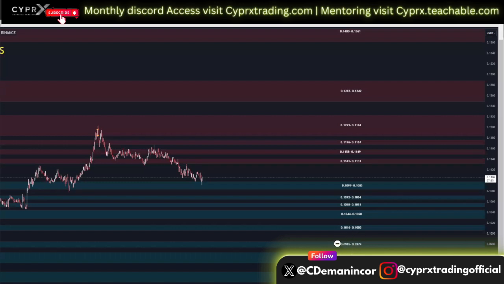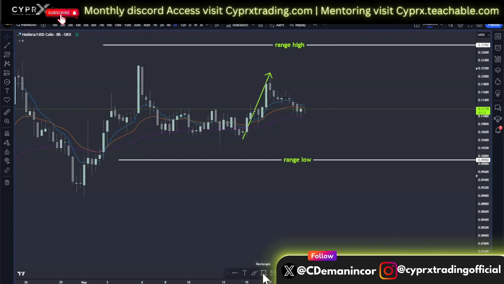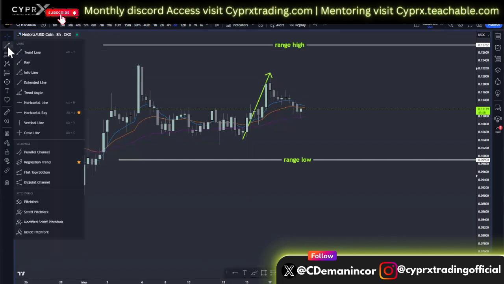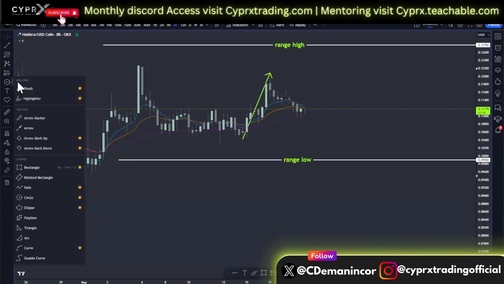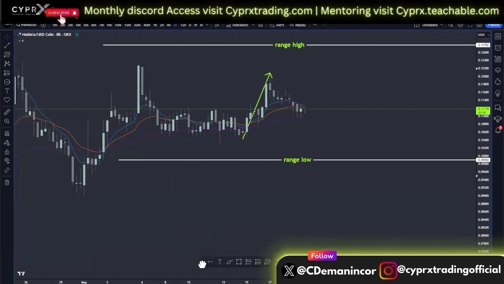So let's use this delta here, the 0.98 and the 0.97, and see how closely that matches up with my analysis. So we're going to use our box tool. If you want to get to the box tool on TradingView, just come over here and you find it in your drop-down menu. If you want to add it, you can see right here, rectangle tool, you'll star it and it'll get added to your list of favorites.